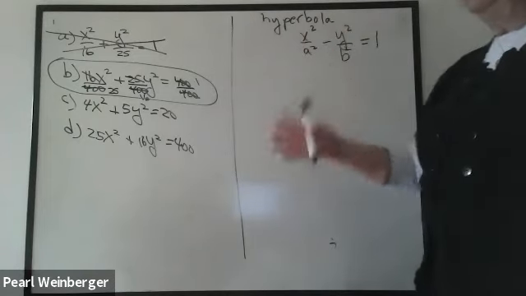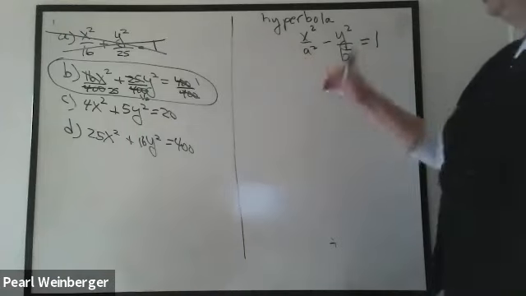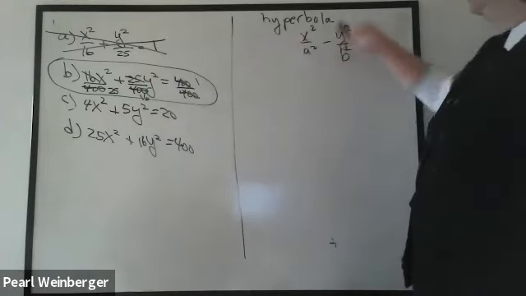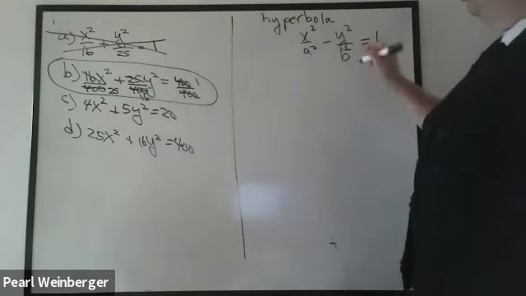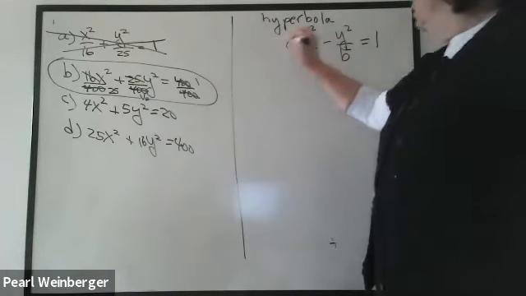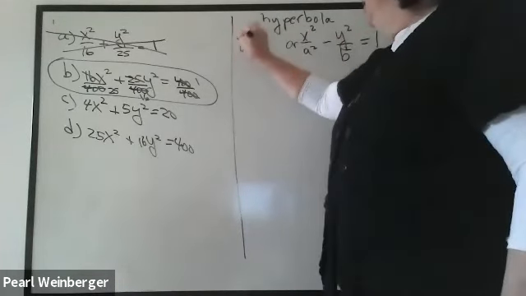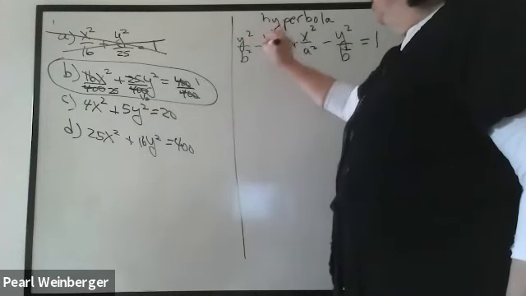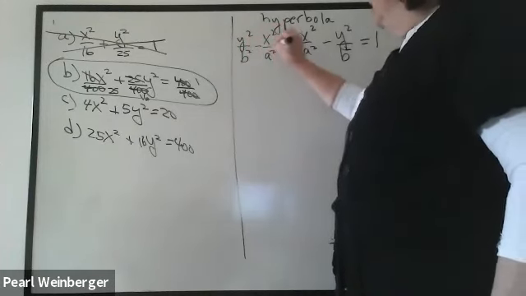They're not both positive. One is going to be positive, one is going to be negative. Sometimes we have the x squared over a squared minus the y squared over b squared, or we sometimes have y squared over b squared minus x squared over a squared equals 1.